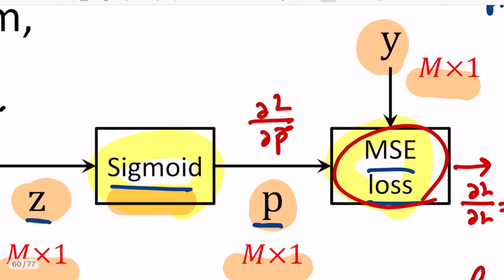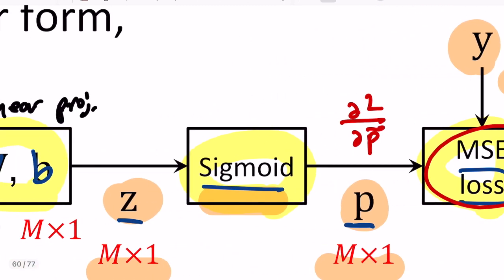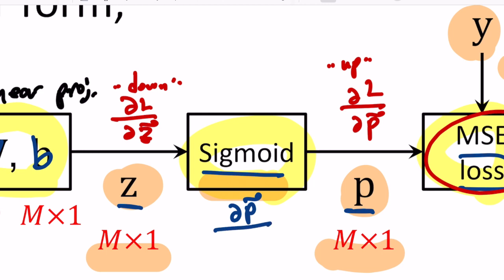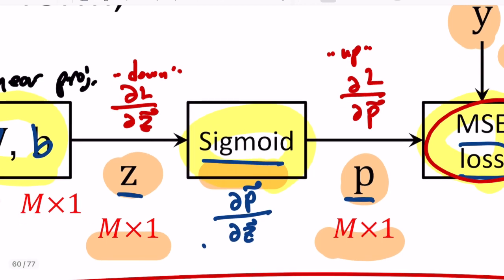Right after that, dL over dP is going to be the new upstream gradient, and we are interested in the downstream gradient for the backpropagation. To do this, we require what? dP over dZ, which was the local gradient, right? Then what happened?